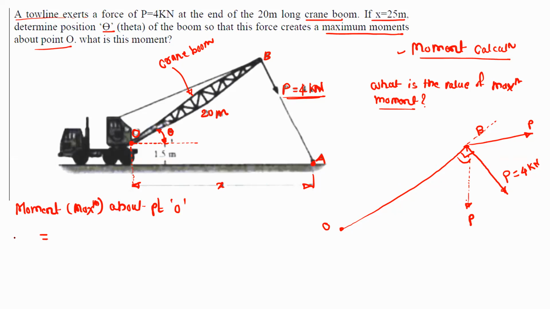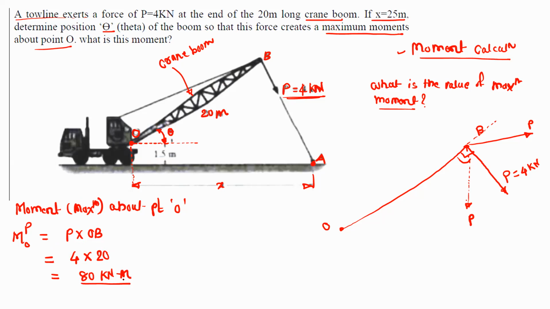it is equal to, so I will just write moment by the force P about the point O, force P into distance OB. So force is 4 kilonewton into distance OB 20 meter. So this will be 80, unit is force kilonewton and distance is meter.